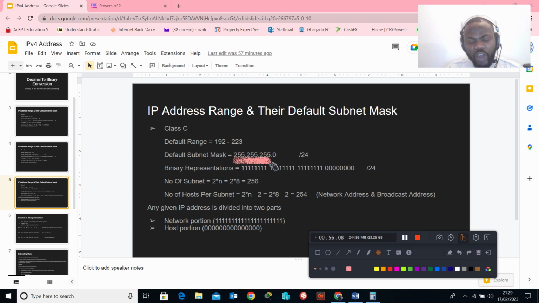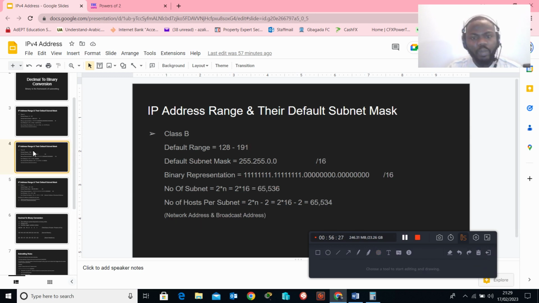The 255.0 or the slash notation is what will tell you what your network portion is. In this case, because we have 24 ones, all ones are your network portion, all zeros are your host portion. That is what this is saying to you.